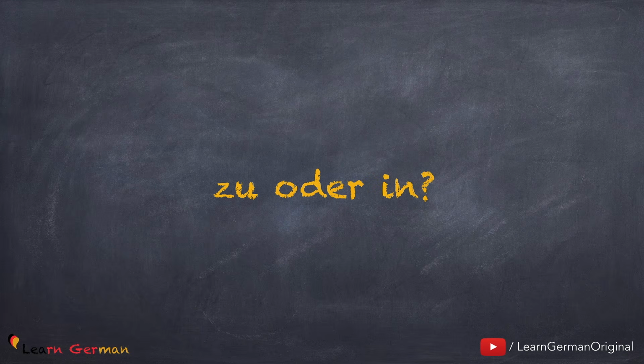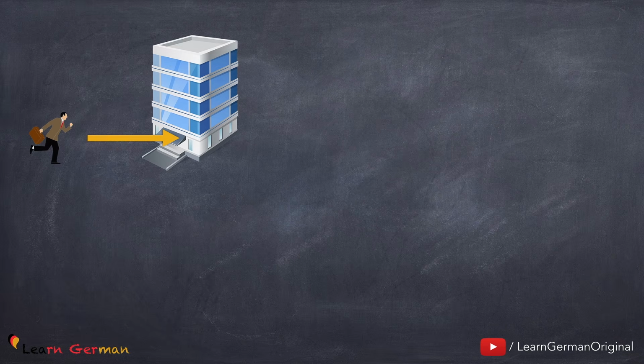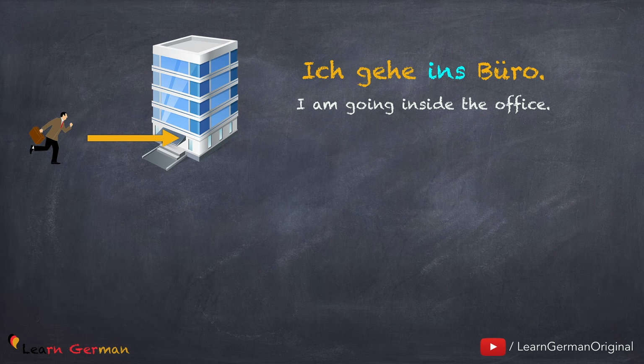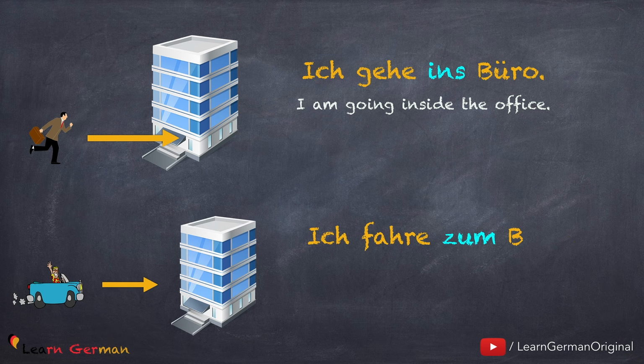If you're still confused between zu oder in, let's go through two examples to understand them better. Ich gehe ins Büro. Ich fahre zum Büro. In both these cases, there is a movement. When you're going inside a room or a building, you would use the preposition in. And when you're going just to the room or the building, then you would use the preposition zu.